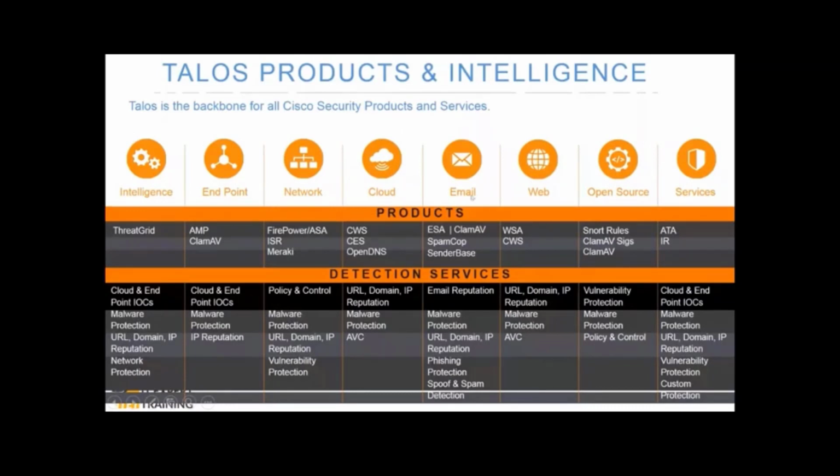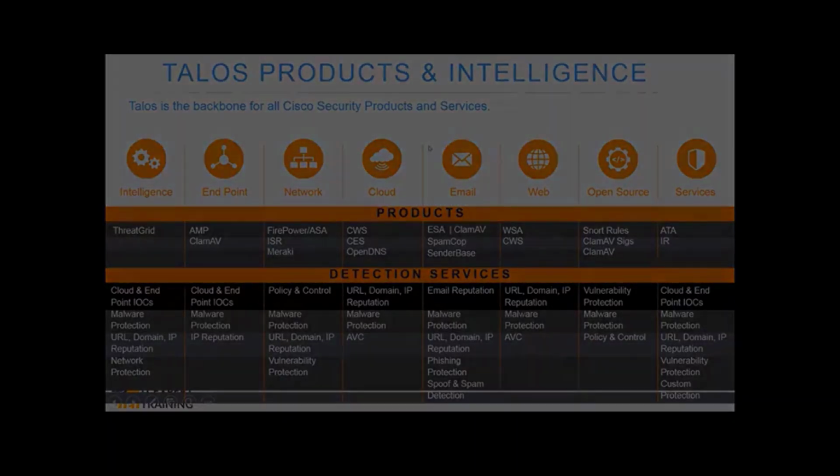If you go to the email, you have ESA and SenderBase. These are the products used for email security. And if you go to the web, like a proxy, then you have WSA, CWS, and these are the other products and services offered by Talos as an organization to Cisco.